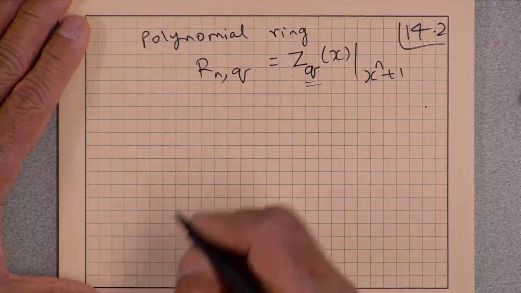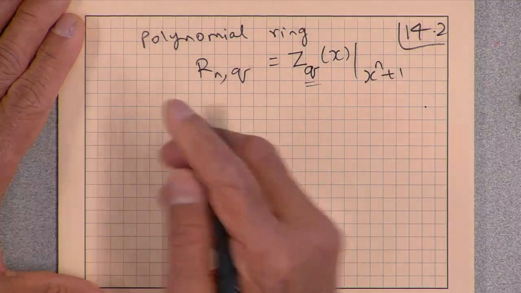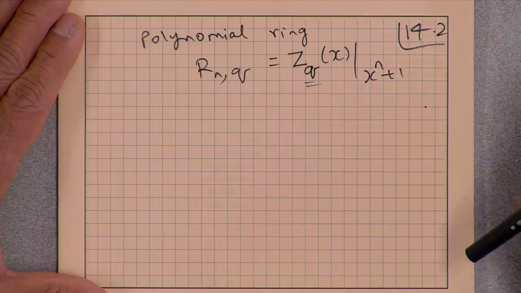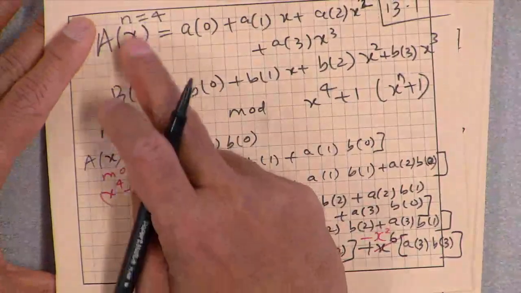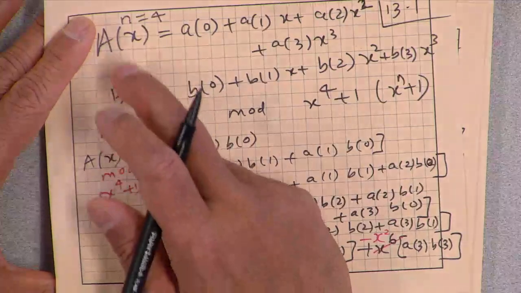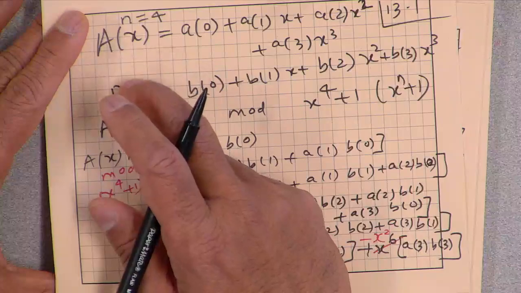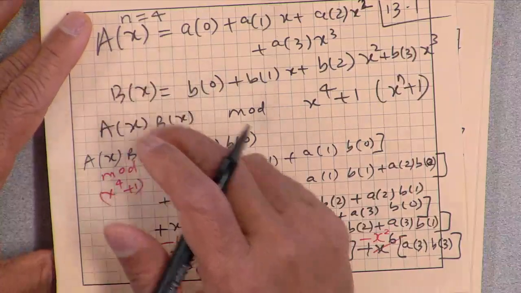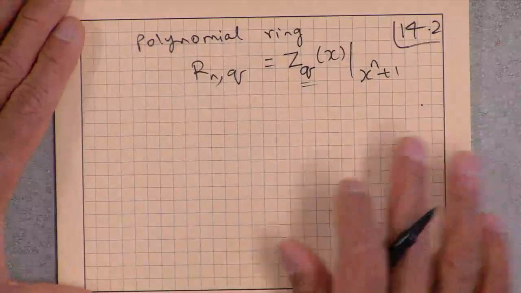How do I define this? I'm going to deviate from the notation that I used last time. I used cap A and cap B. Today I'm going to use lowercase a and lowercase b, so that I can use cap A and cap B for the entities in the frequency domain. So it's a slight change in the notation.